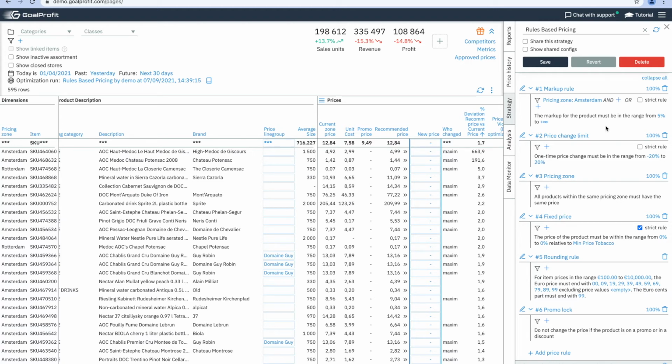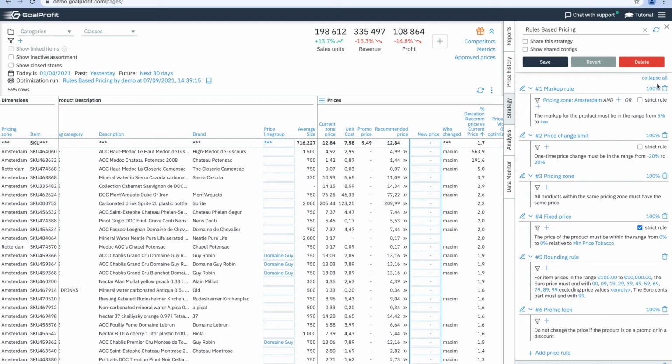I mean, there is no area where you can meet the criteria of both rules. In this case, they are conflicting, and you need to select which price should be used and what the priority is between those rules.